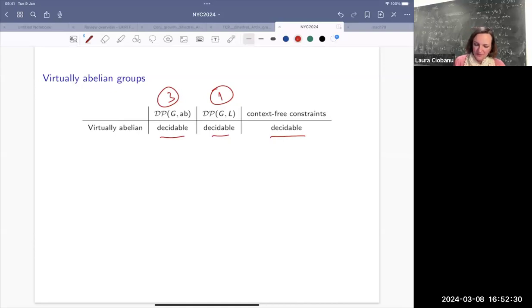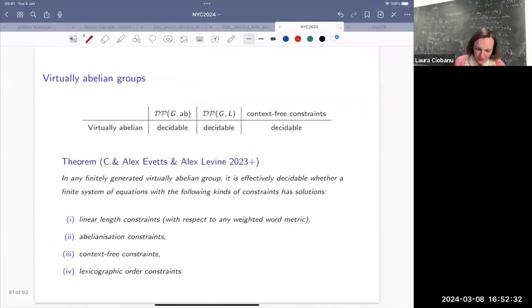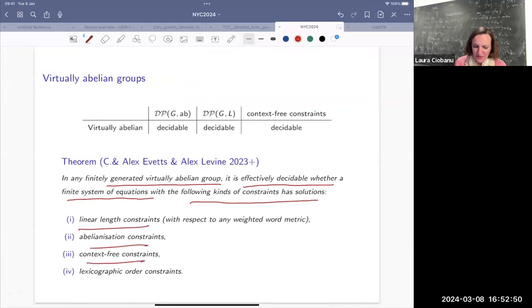And the reason why these things are decidable, so this is our result. In any finitely generated virtually abelian group, it is effectively decidable whether a finite system of equations with all these constraints has solutions. So linear length constraints, abelianization, context-free, lexicographic order.